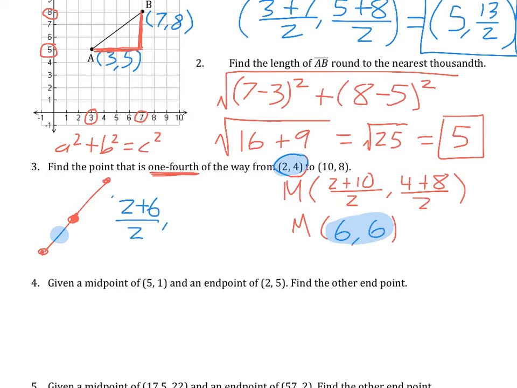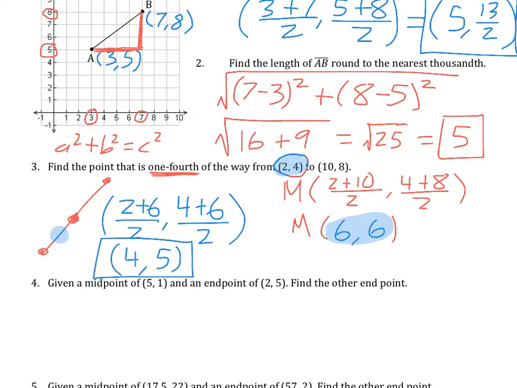Those are your x's. And then you would take the y's, 4 and 6, and divide that by 2. Alright, 8 divided by 2 is 4. 10 divided by 2 is 5. So the point 1/4 of the way from 2, 4 to 10, 8 is 4, 5.